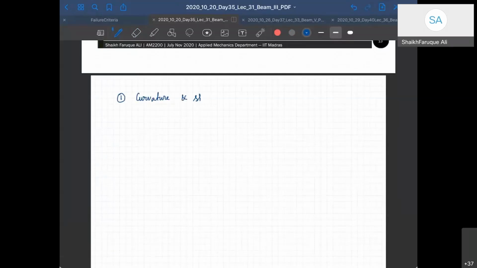Second, we developed a relation between curvature and stress. We are yet to relate stresses and strains with the external loading or external bending moment. We have not yet gone into that. Probably today we will get into this.